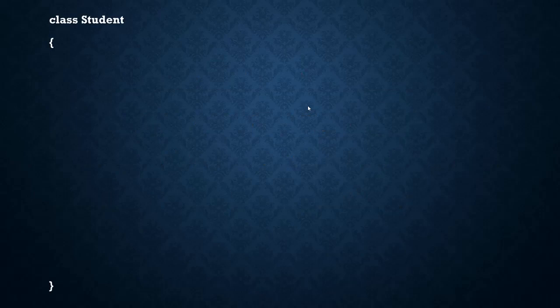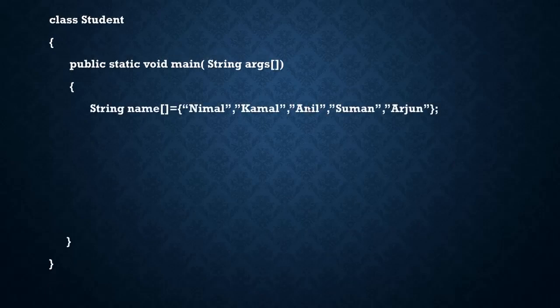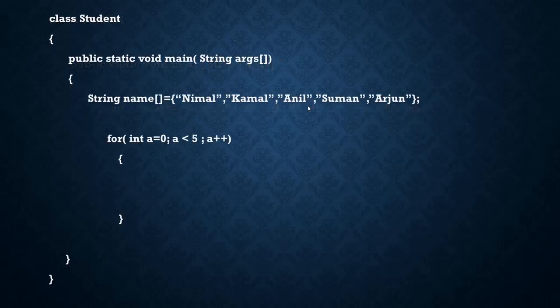And then this is my class. I create my class and here I have a main method. And now here I'm creating a string array, so in one statement I create this string array and add 5 values. Look at this, string name, within brackets I add 5 values. Now using a for loop, yes, starting with 0. Why?